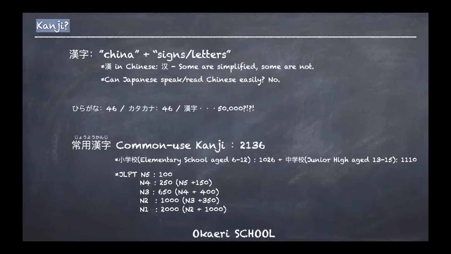This doesn't mean present-day China, but there was a time when China was named like this, at least for Japanese, many hundreds or thousands of years ago. So China in old expression, plus the second letter means signs or letters. So literally, kanji means Chinese characters, Chinese letters.